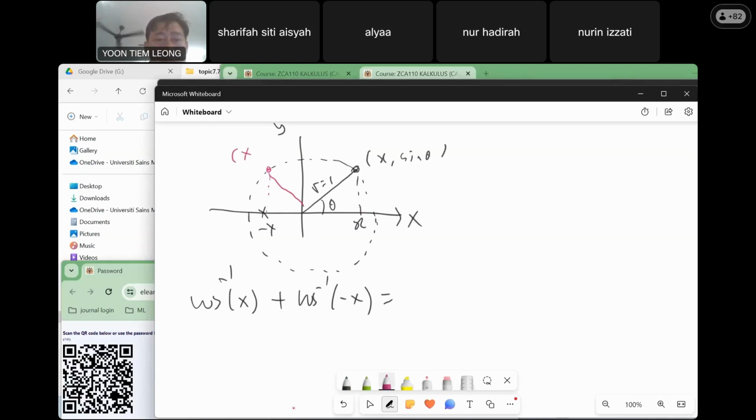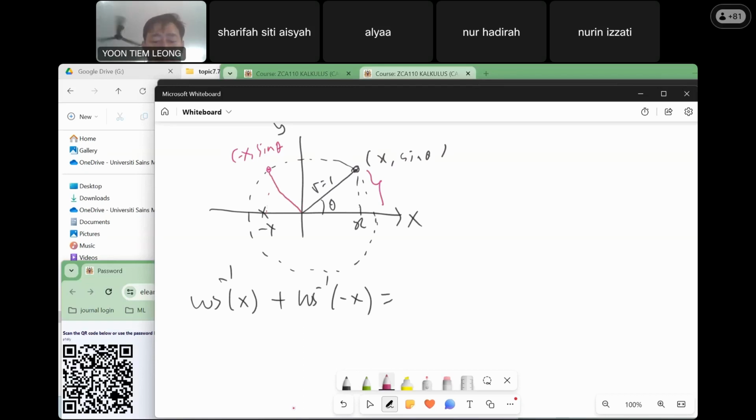Then this point has a coordinate of minus x, and the height between these 2 points is the same, sine theta. So we would like to look at this trigonometric object a little bit closer.